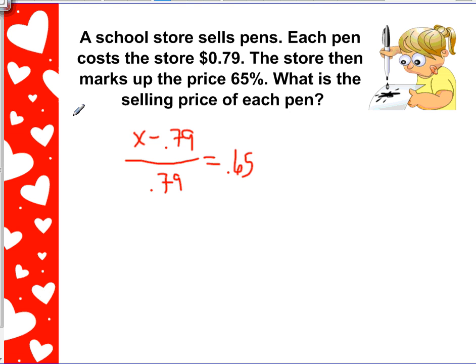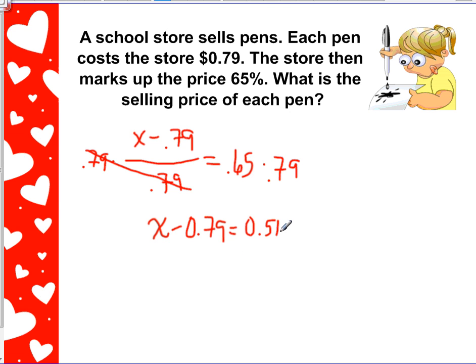All right, so now we just simply solve for x. In order to do that, we need to get rid of this bottom 0.79, so we can multiply each side by 0.79. So this will go away, and we're left with x, my selling price, excuse me, minus 0.79 equals 0.65 times 0.79, which is 0.51.